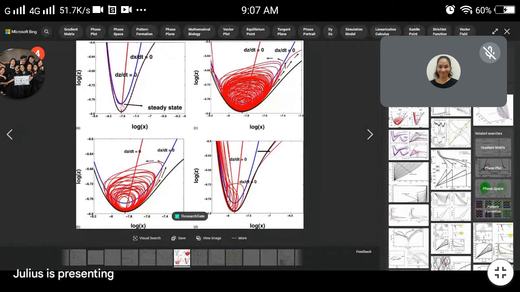Same thing. So using null lines, if we have more time, we could discuss it further, and we will be able to tell what kind of steady state it is.